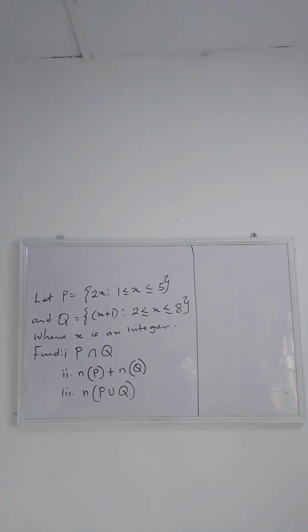Yes, let's wait for others. Please start dropping your answer. List members of set P and set Q. Okay, Show me is giving us members of set P to be 1, 2, 3, 4, 5.